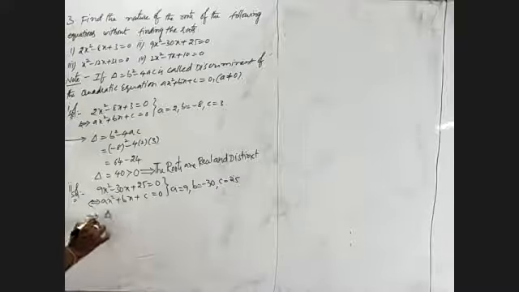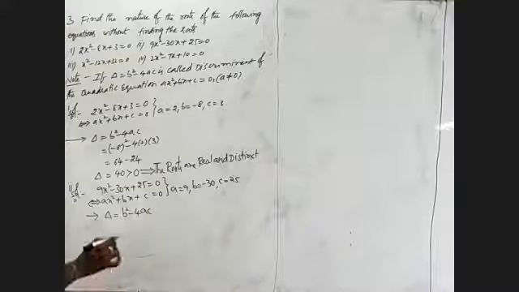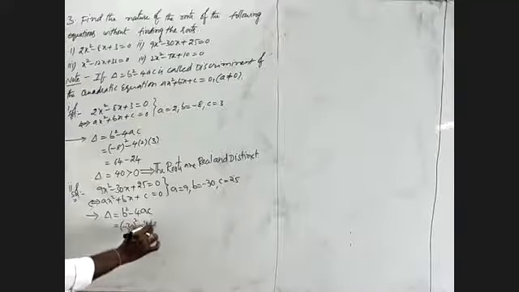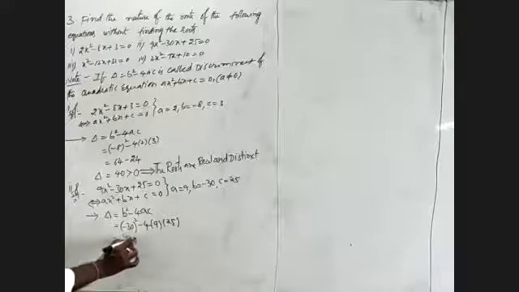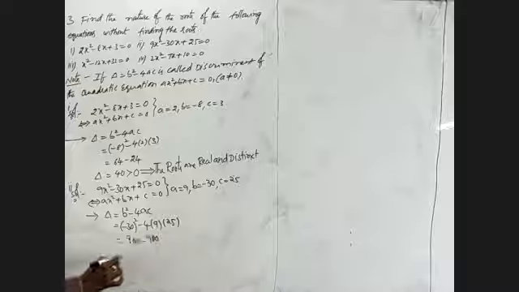Delta is equal to the discriminant b square minus 4ac. We have to substitute the values: minus 30 whole square minus 4 into 9 into 25. 30 square is 900. 25 fours are 100. 100 into 9 is 900. 900 minus 900 is 0. That is delta is equal to 0.